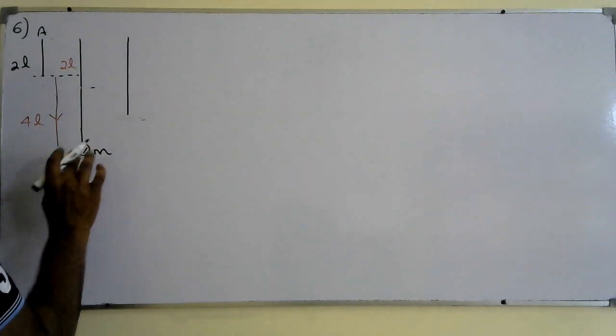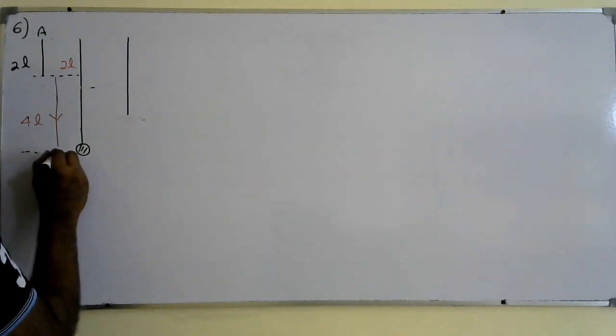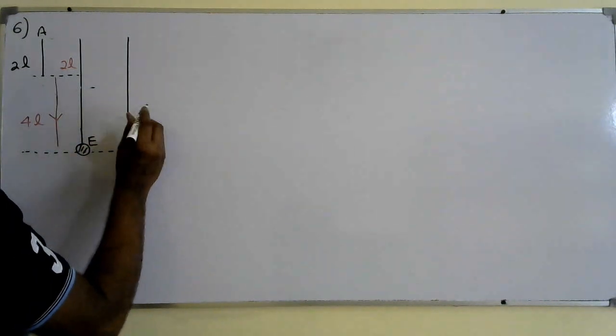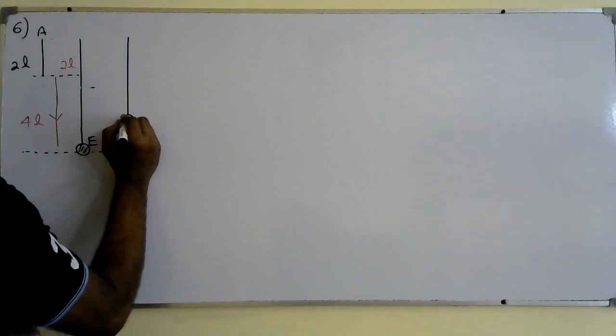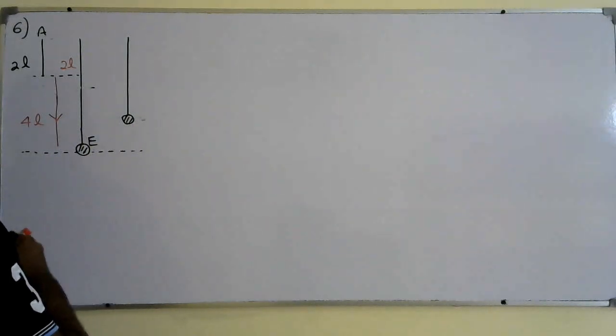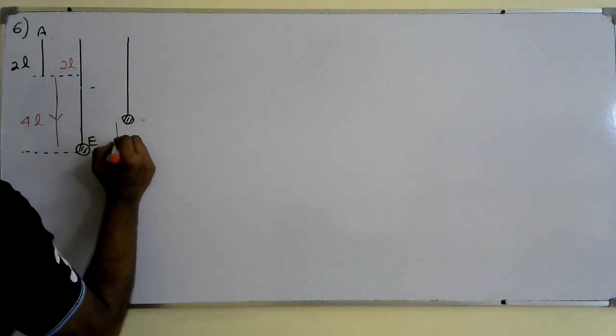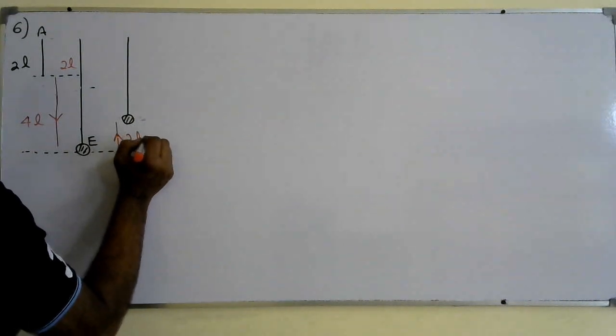This is the equilibrium position where the particle comes to rest, at E. It's raised to a point 2L above it, so this length is 2L upwards from the equilibrium position.